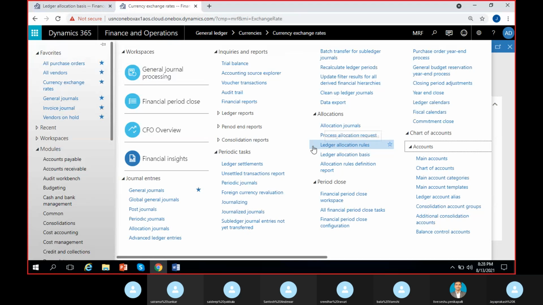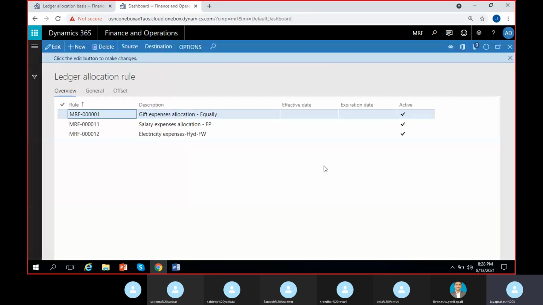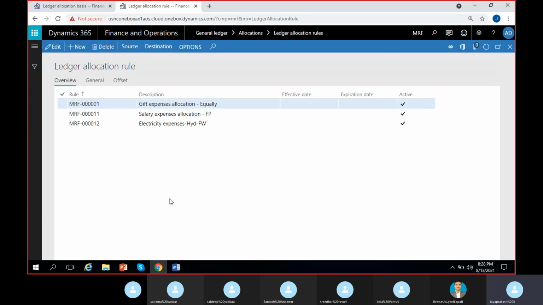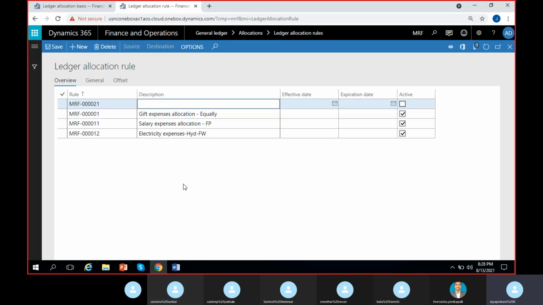So I'm going for ledger allocation rule. How to create a ledger allocation rule? Anyone else? Yeah, click on new. Give the description as basis method, advertisement expenses and revenue basis.